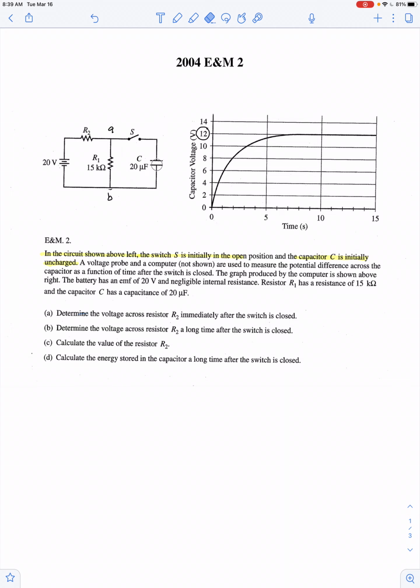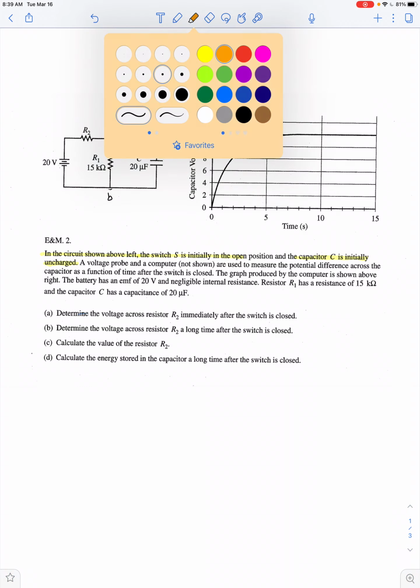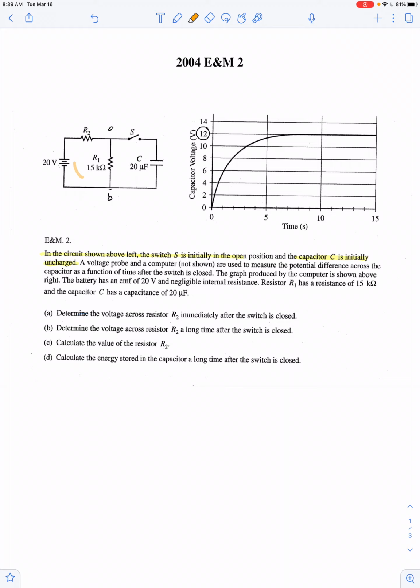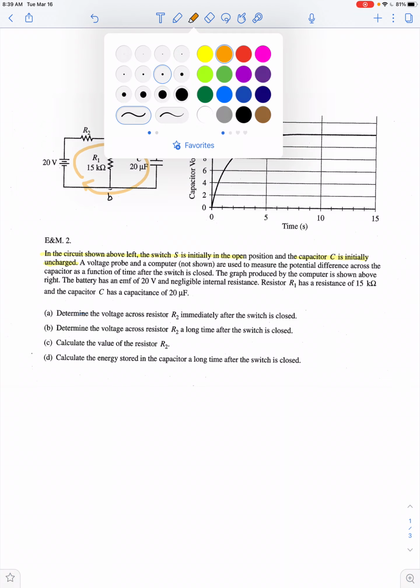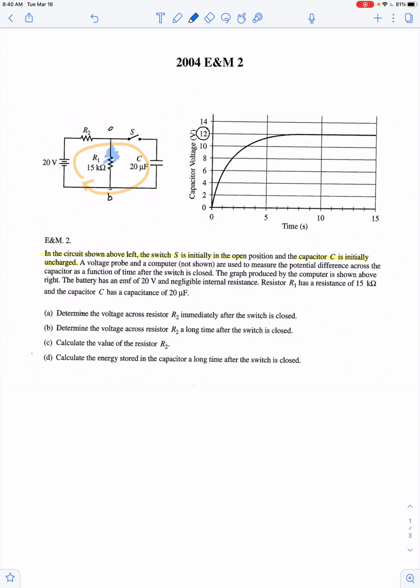So what I'm about to say isn't true indefinitely, but in the initial condition, right when the switch is first closed, the current just takes this outer loop, and there's no current at all flowing down this branch of the circuit.